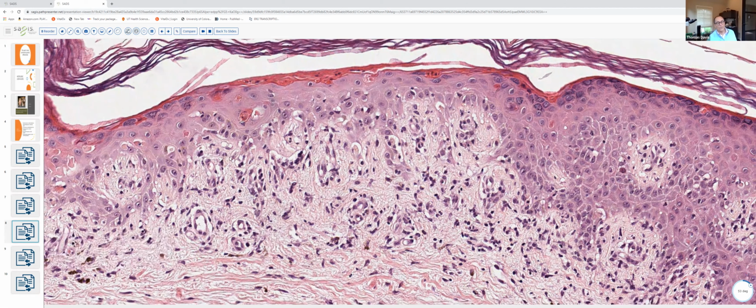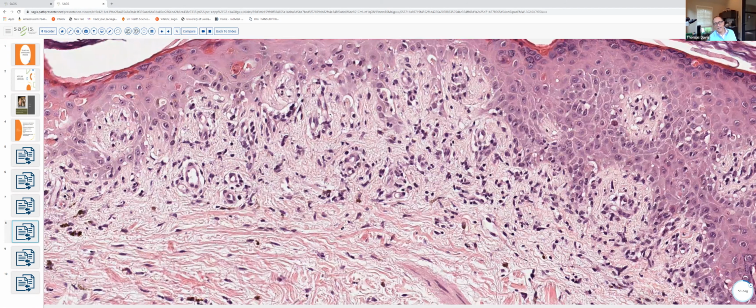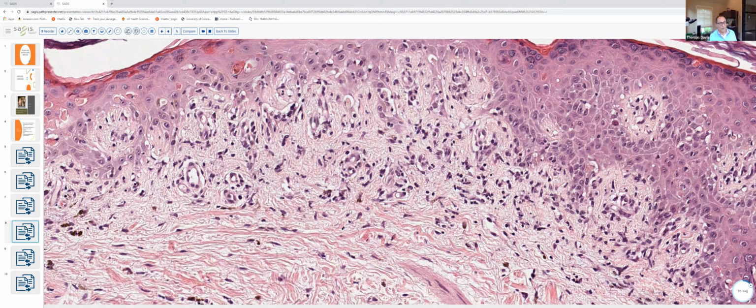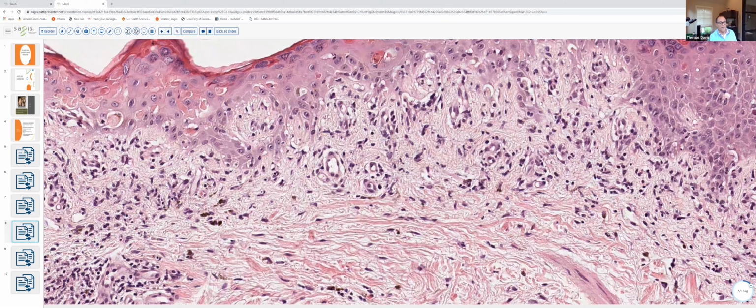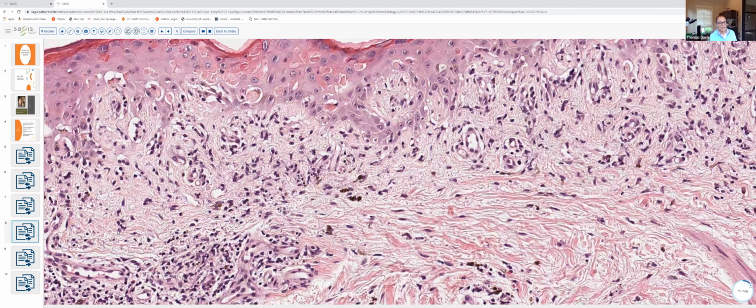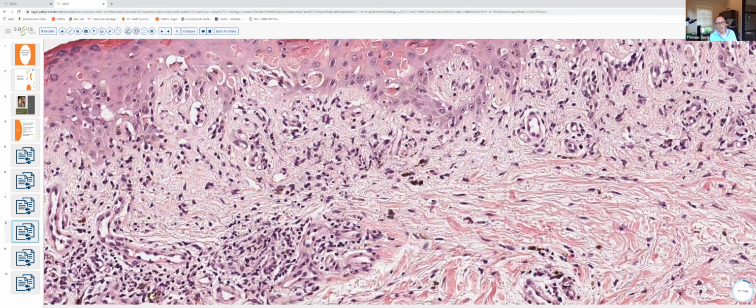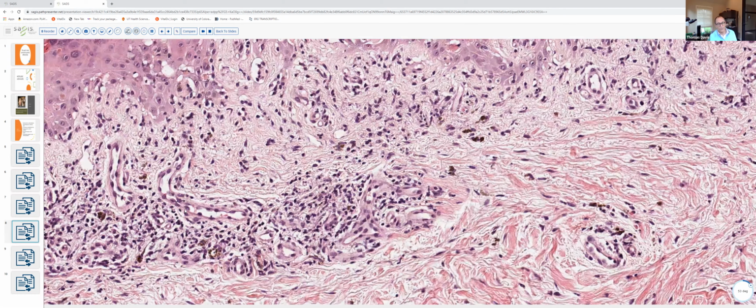And within the underlying dermis, we see lymphocytes and several melanophages. Again, this is skin of color, so it shouldn't be a surprise that we're seeing melanophages here. So don't automatically assume this is a fixed drug eruption, because if you take a look at the infiltrate, it's lymphocytic only. There are really no eosinophils within the infiltrate.